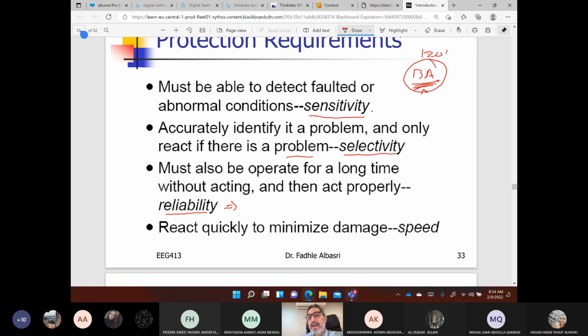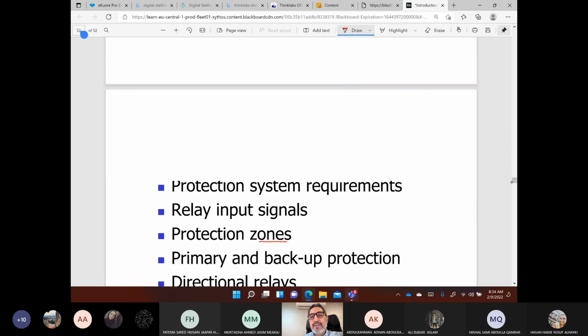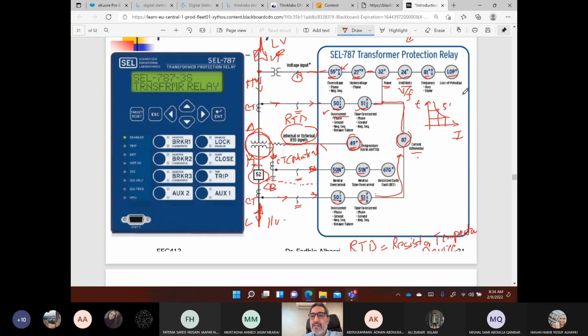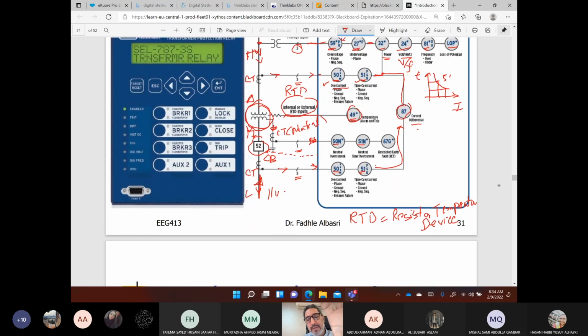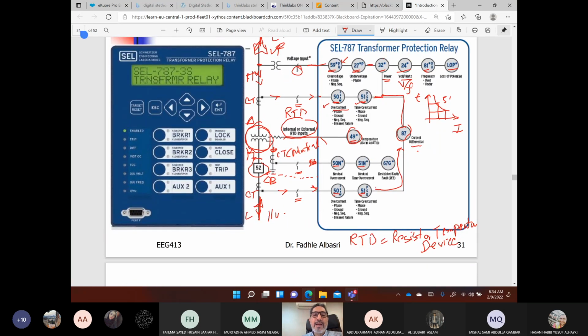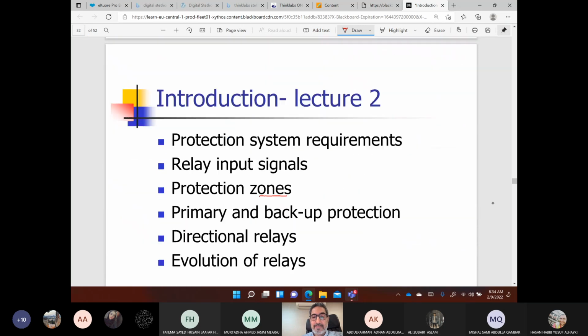So how do we make it higher reliability? By having several functions there, so you can always detect any fault that can occur. This is one thing that can improve the reliability of the protection function.